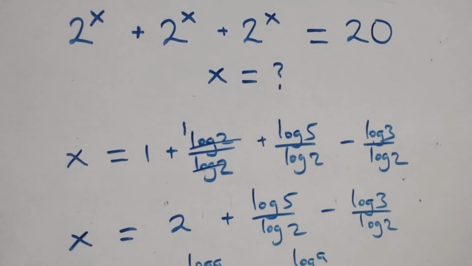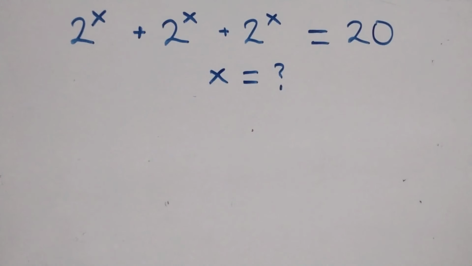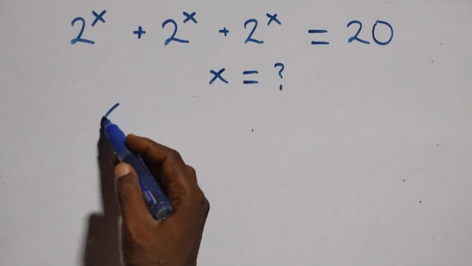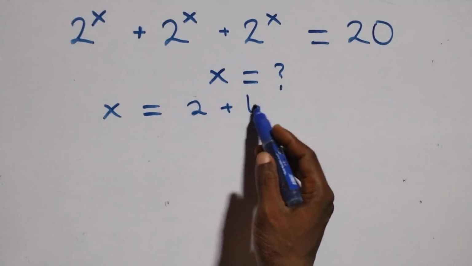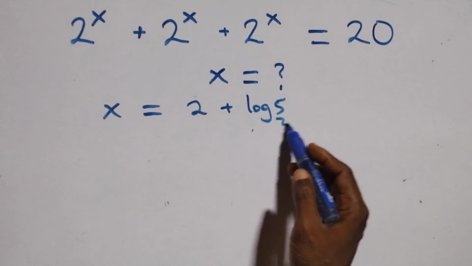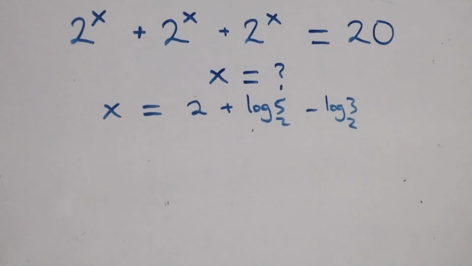That is, substitute the value of x here, which is x equals to 2 plus log 5 base 2 minus log 3 base 2.